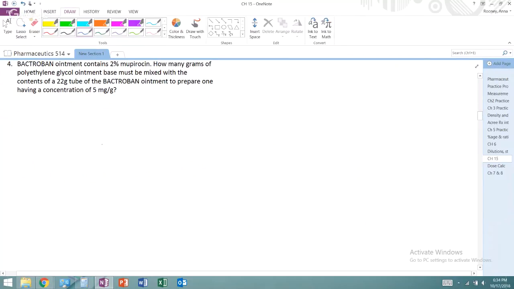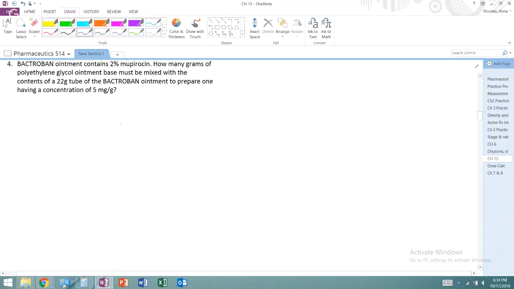All right, Bactroban ointment comes in at 2% mupirocin. How many grams of polyethylene glycol ointment base must be mixed with the contents of a 22 gram tube of the Bactroban ointment to prepare one having a concentration of 5 milligrams per gram? Okay, so let's figure out how much active ingredient we actually have.